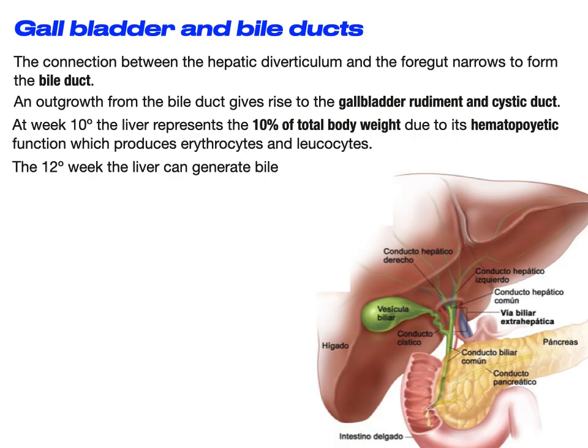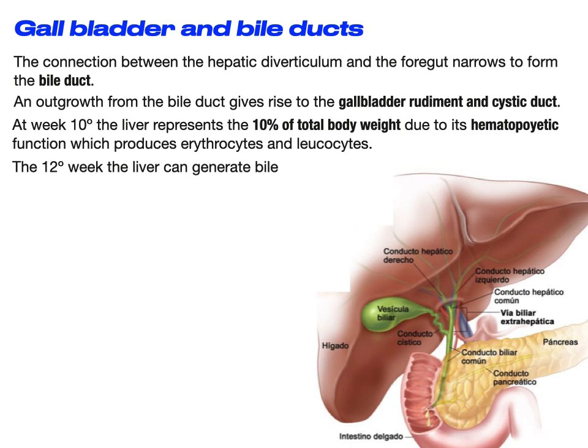Now, the primitive bile duct gives rise to the gallbladder and the cystic duct. At this stage, and given the importance of the hematopoietic function of the liver in the growing embryo, this organ, the liver, represents up to 10% of the total body weight.